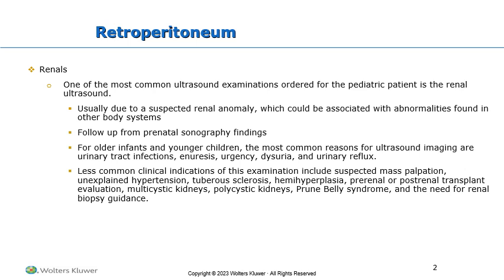Less common clinical indications for our pediatric population are going to include suspected mass palpations, unexplained hypertension, because we understand how closely related hypertension and our renal artery system are associated with that renin-angiotensin feedback system. Also, tuberous sclerosis, which remember is an abnormality that affects the person throughout their body system, resulting in mental retardation, kind of around tuberous chest.